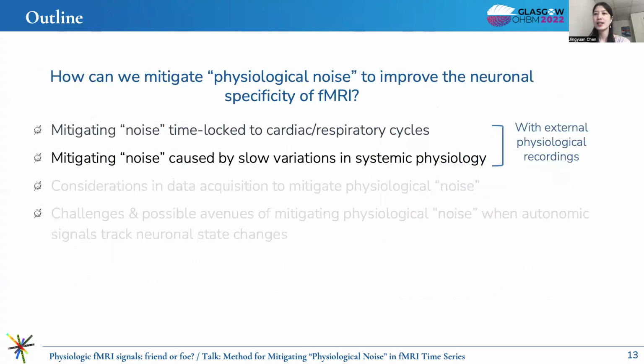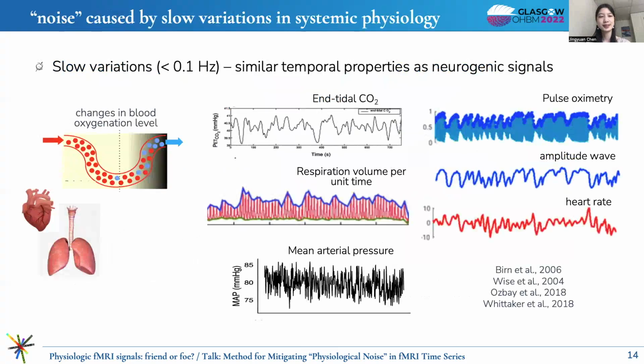Okay, so next we will focus on those physiological noise occurring at much slower scales. So this will include those very slow variations in the end tidal CO2 level or respiration volume, because CO2 is a potential vasodilator, it will modulate the blood flow, and also blood pressure or variability in heart rate, which modulates the cardiac outflow as well.